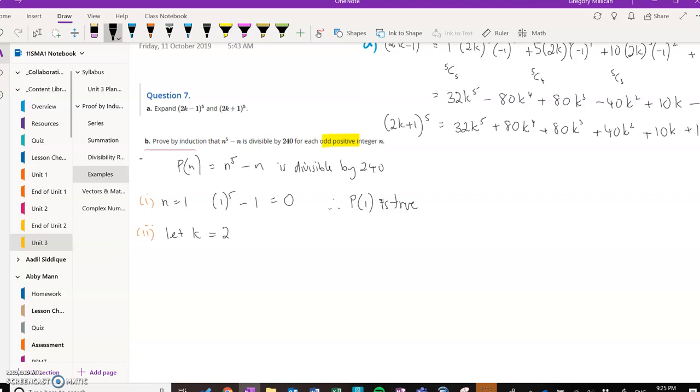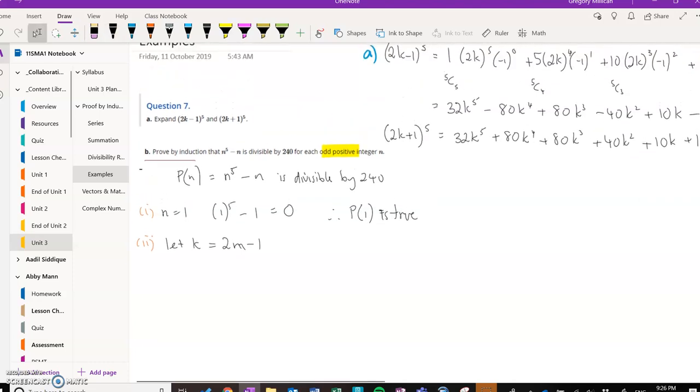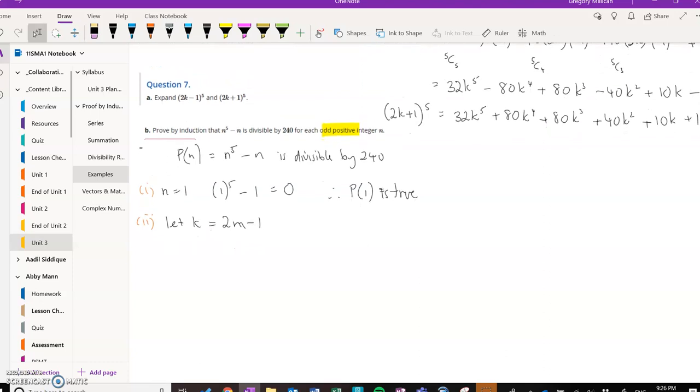So we need to define it to be odd. I'm going to define it as 2m minus 1, not n, where m is any counting number. So that's an odd number, 2m minus 1. And we're going to assume P(k) is true.